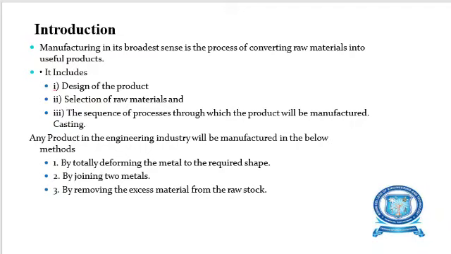Any product in the engineering industry will be manufactured by the methods below. First, by deforming the metal to the required shape, like casting, forming, forging processes. Second, joining two metals like welding and soldering.